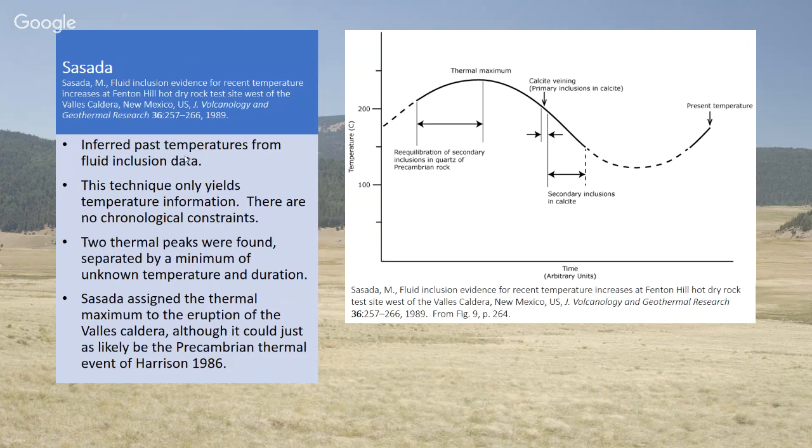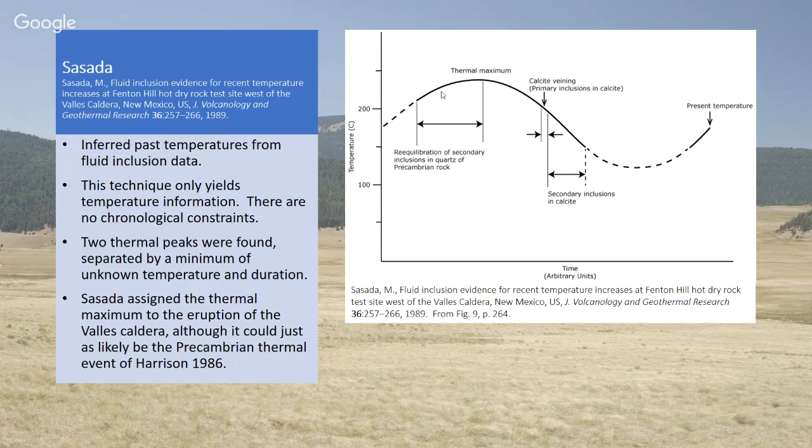So you can get some interesting information on past temperature, but there's no time information. It's only temperature. You have to have other independent data to infer anything about the timing.